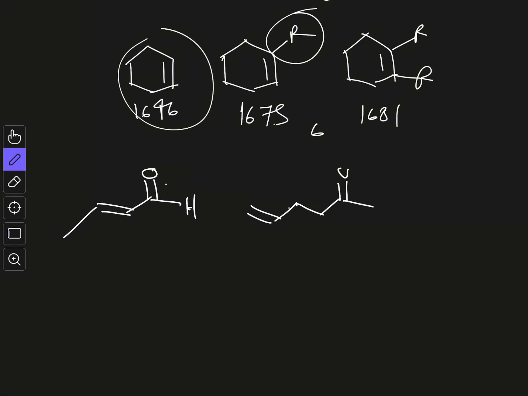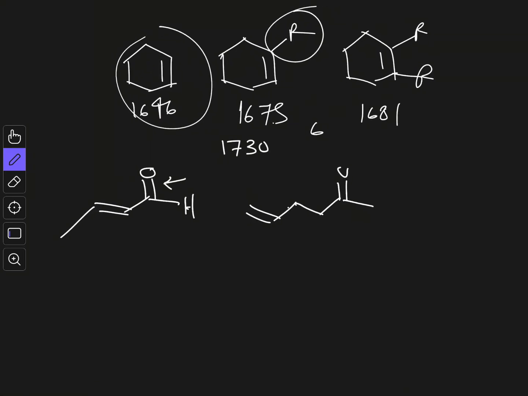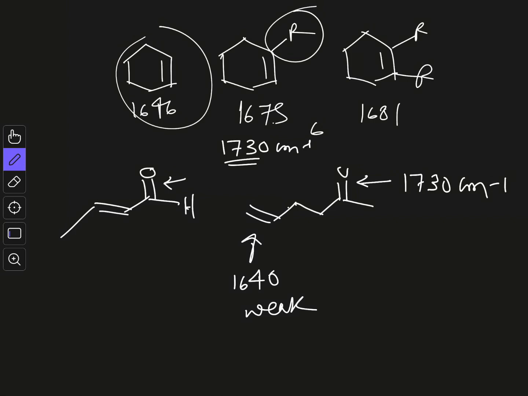Normally 1730 is the range for aldehyde stretching frequency, and this is observed for the second one, at around 1730 centimeter inverse. The double bond is non-interacting, so it comes at around 1640, and it is a weak band. I already discussed in the previous video that CC double bonds are not polar, so the dipole moment change is very low, and that's why they show weak bands.